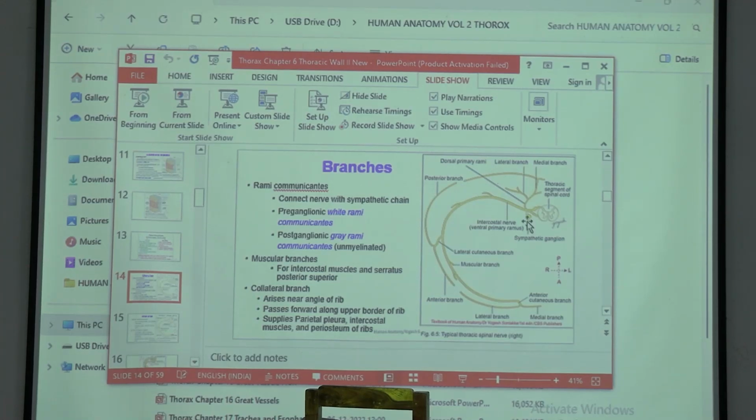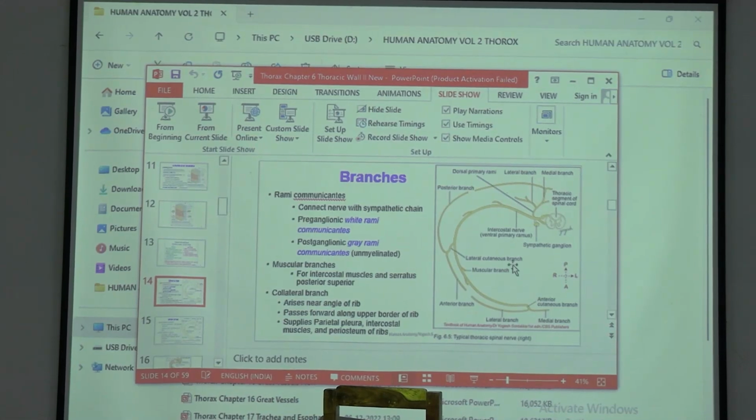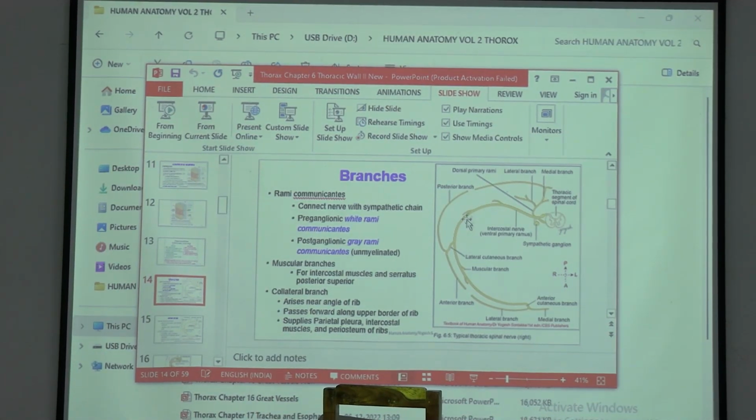Now we can see this nerve coming out. This is the anterior or ventral rami and this is the dorsal rami. We are not concerned with the dorsal rami. We are concerned with the ventral rami. You can see it coming out and it ultimately divides into the anterior cutaneous nerve, which has lateral and medial divisions. On the lateral part, we get another branch. And at the angle of the rib, there is the lateral branch.